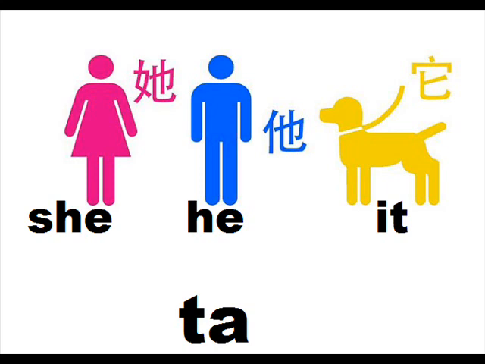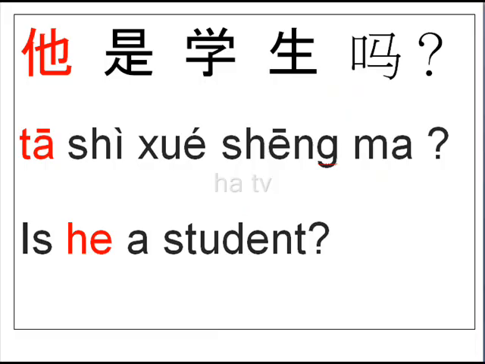Now I give you an example for ta. He. Is he a student? 他是学生吗？ Is he a student? 他是学生吗？ Is he a student?